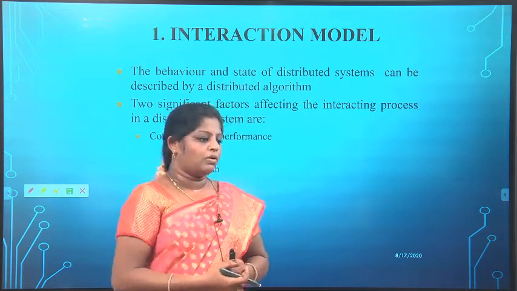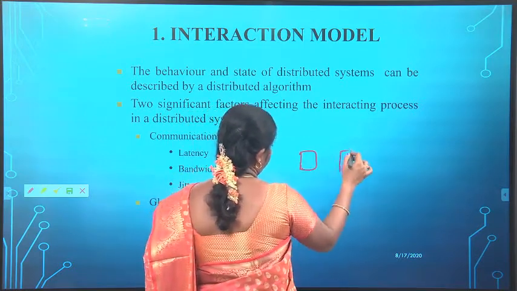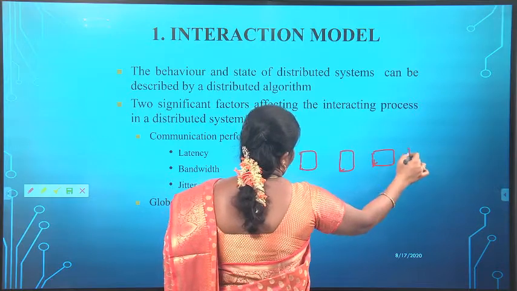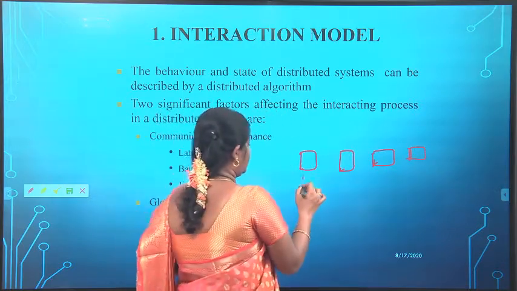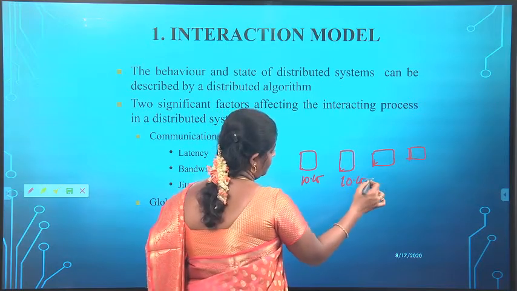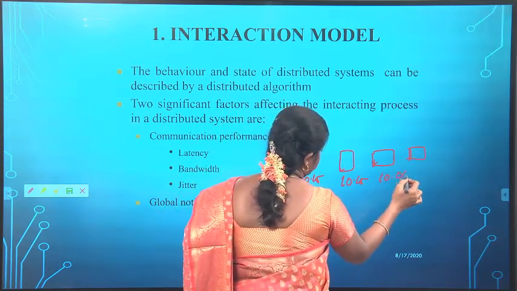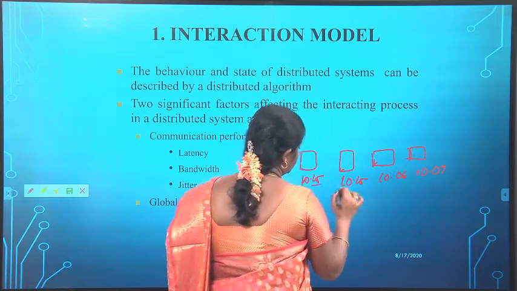Okay. So, for example, in a lab, suppose we have 50 to 60 systems. This system's time is 10:50, and this system's time is also 10:50, and this one is 10:06, or this one is 10:09. There are some deviations in the time.